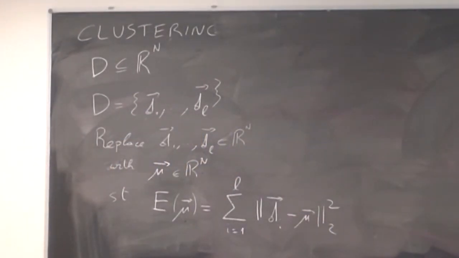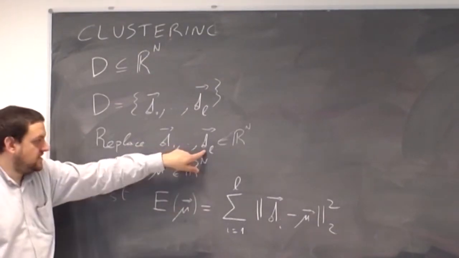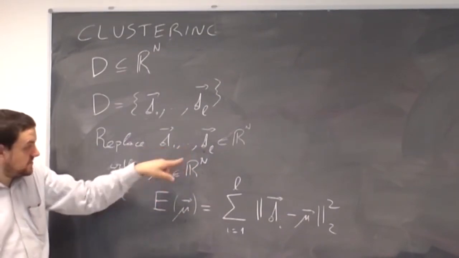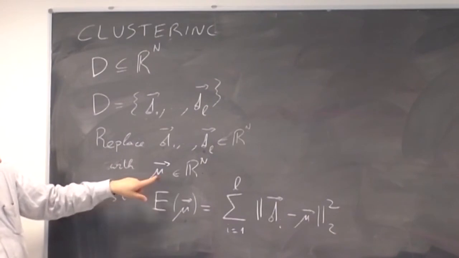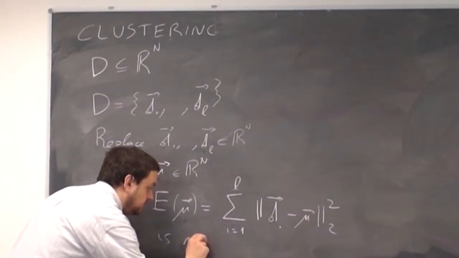We usually take them squared for simplicity. So I want to replace these elements with one single new element, so that this error is minimized.